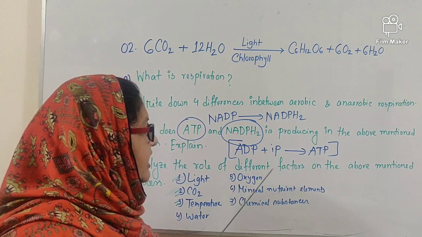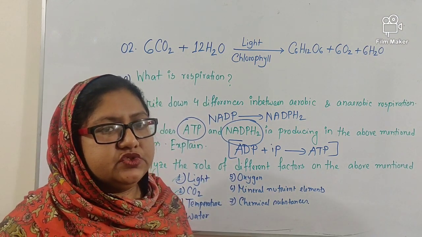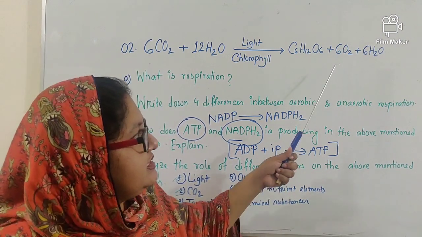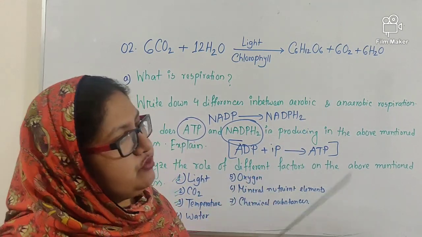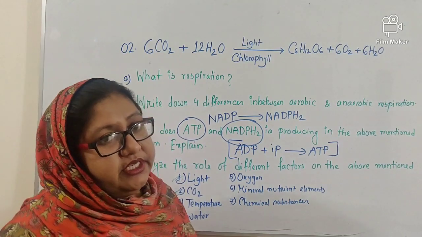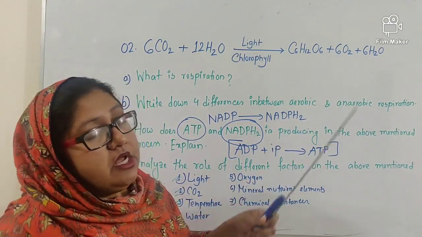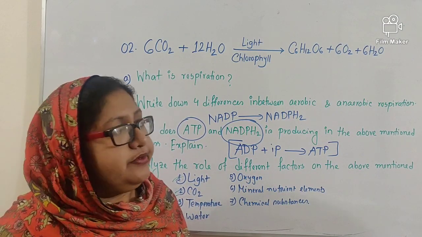Oxygen. If the amount of atmospheric oxygen is higher, then the rate of photosynthesis will be lower, because it is one of the products of photosynthesis. So, if the rate of photosynthesis is low, the amount of oxygen will be low in the atmosphere, and the rate of photosynthesis will be higher.